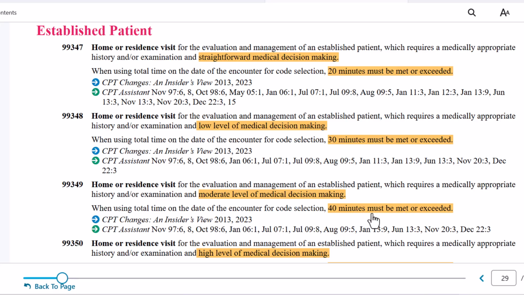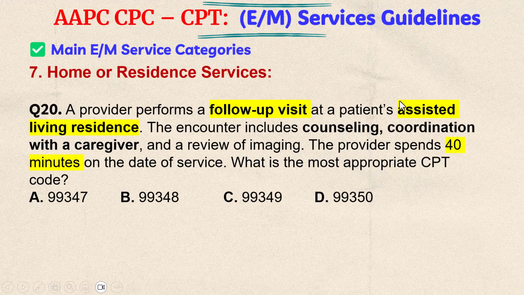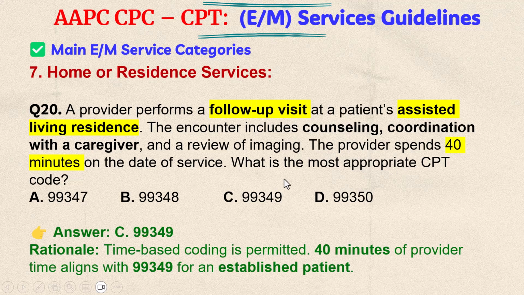So in our case, it says 40 minutes, so it is a moderate level of decision making. So the correct code will be 99349. So for follow-up visits, the resident's 40 minutes, the correct answer will be answer C, 99349.